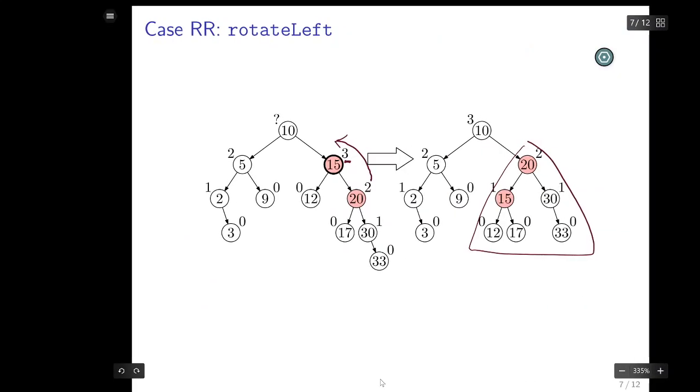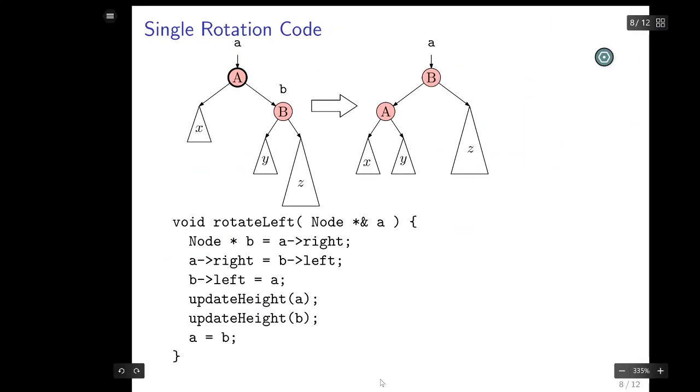Okay, rotate left. We did the rotate left. Here's the code for rotate left. It's pretty much what you expect. It's taking a reference parameter, A, which is pointing to the root where the imbalance occurred, and it is restructuring by doing 3 pointer changes.